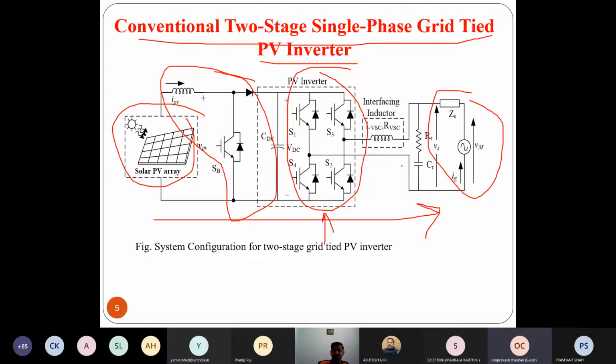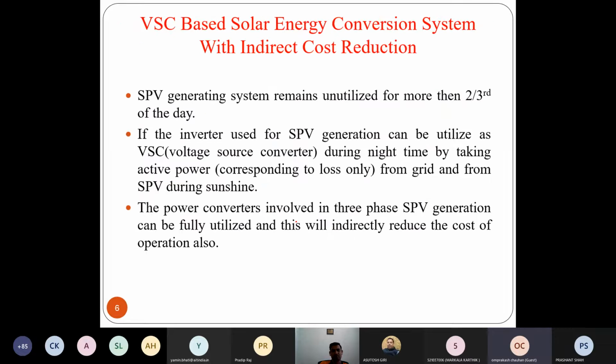Out of 24 hours, 7 to 8 hours hardly, because sun radiation is available hardly 7 to 8 hours. The rest of the time you have to switch off this inverter. So the rest of the time this PV inverter is not utilized. So the utilization factor of this PV inverter is very poor. Very poor.